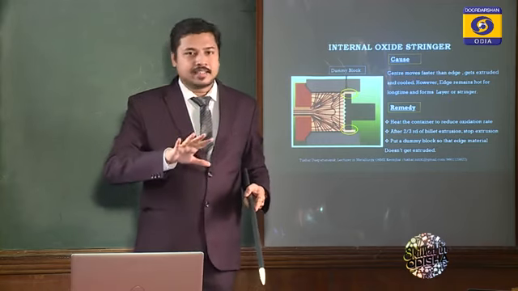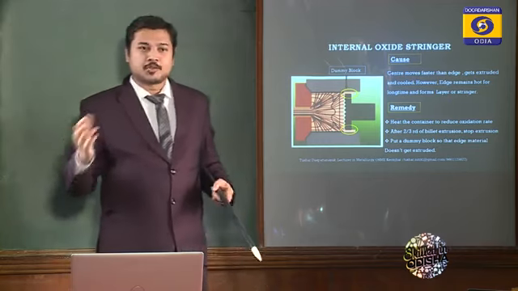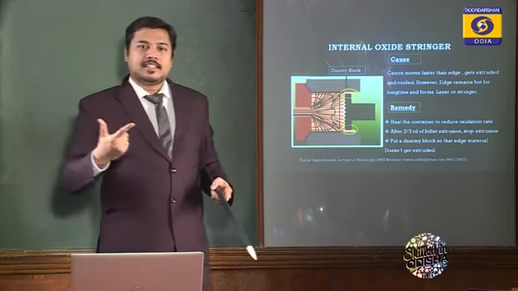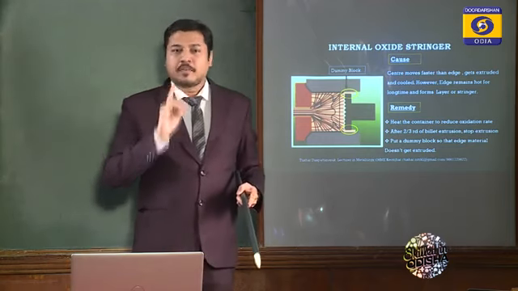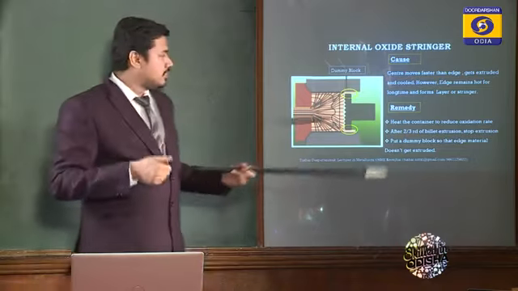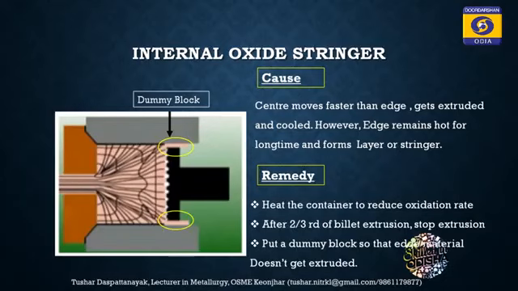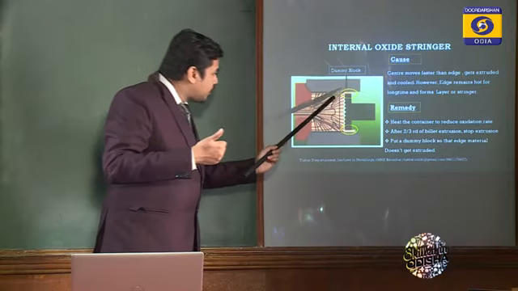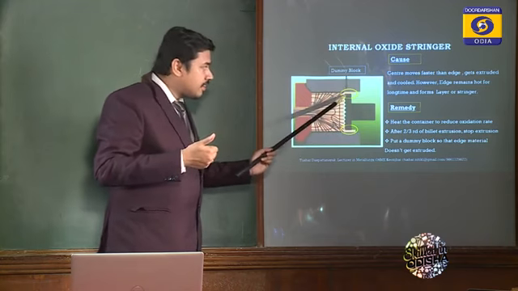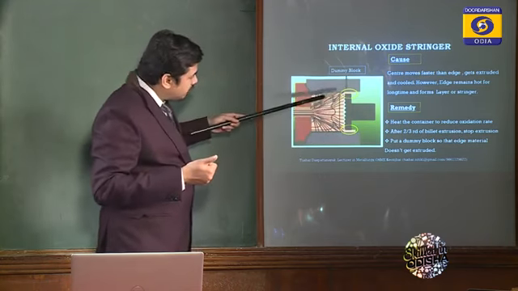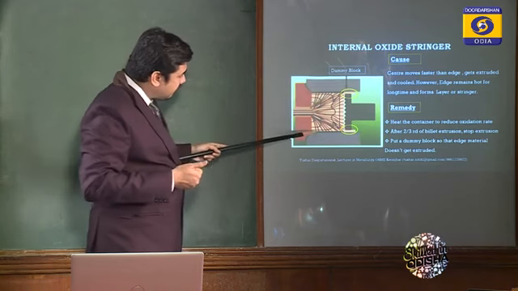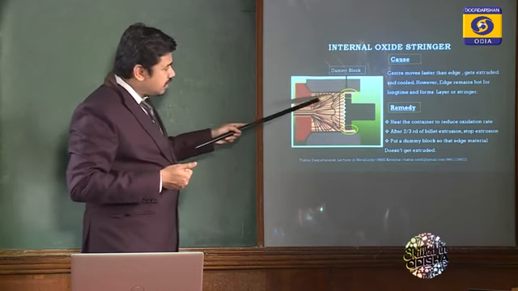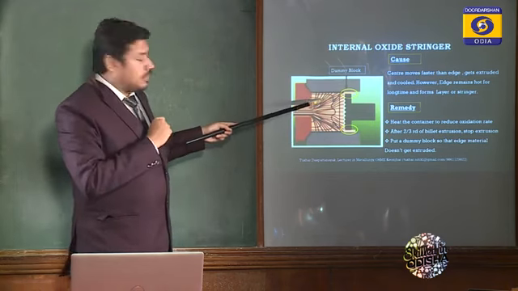Again put a new billet and start extrusion afresh, so that whatever product we get will be defect free. Next remedy is put a dummy block over there. If you put the dummy block, these edge materials, this black portion you can see, suppose these are the edge materials.